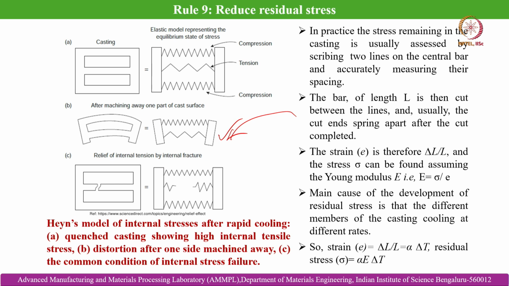As we know, stress varies with strain, so stress is equal to Young modulus into epsilon, the strain. Basically, we can get the value of Young modulus by stress divided by strain. The main cause of the development of residual stress is that the different members of the casting cool at different rates.